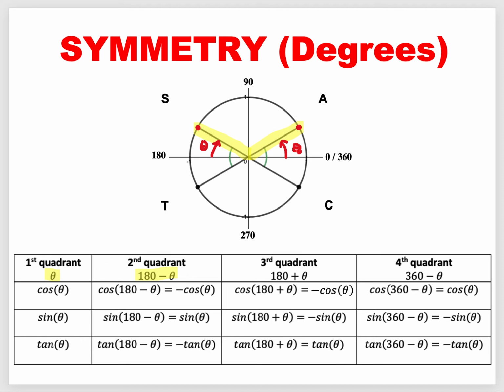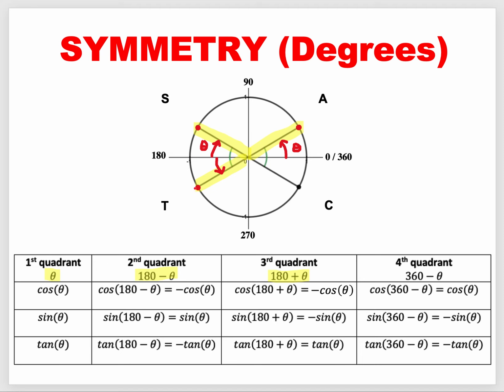And if we keep moving down into the third quadrant, we refer to this angle as 180 degrees plus theta, and that angle on the diagram is just this one here. When I go back to labeling that point, again there's going to be some symmetry because this angle is now theta.